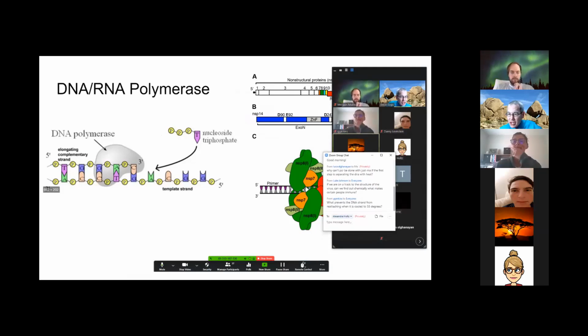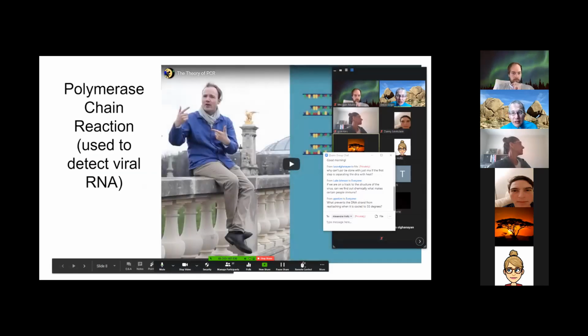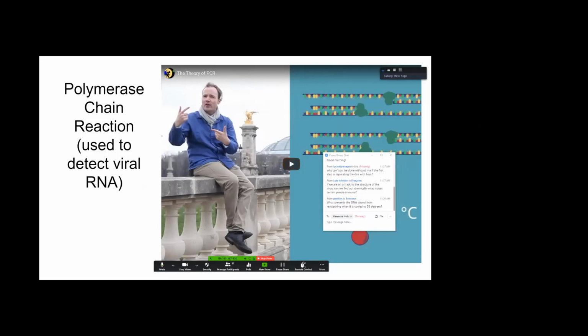Ms. Perkins says, what prevents the DNA strand from reattaching when it is cooled to 55? All right, excellent question. So it's in here. I wish I had the still, huh? But let me see if I can get to it in here without messing myself up.